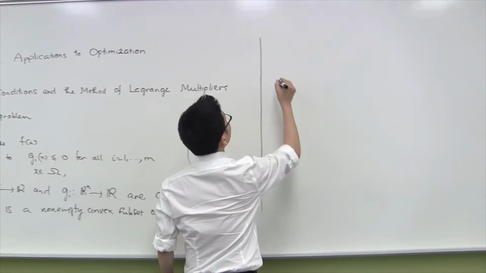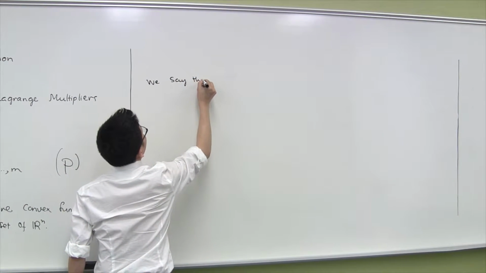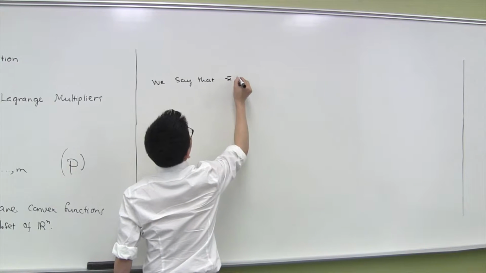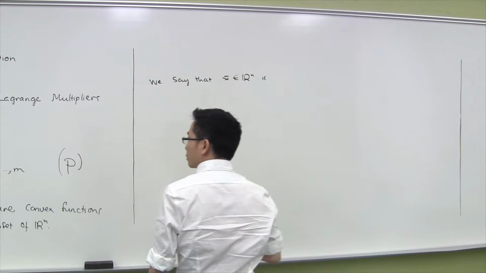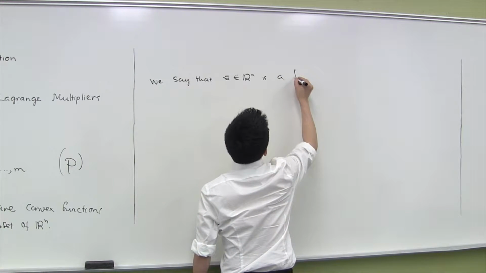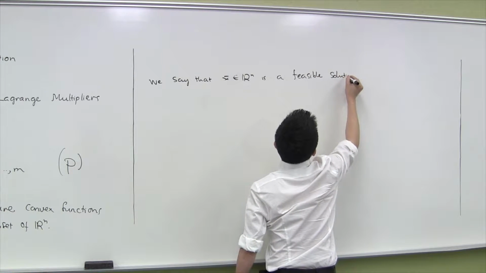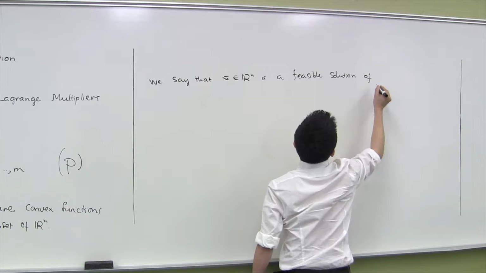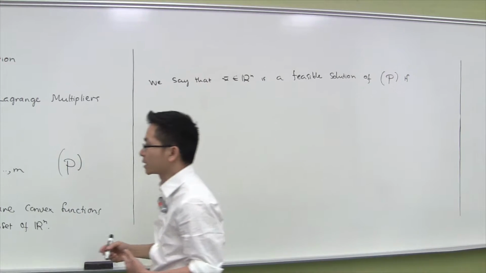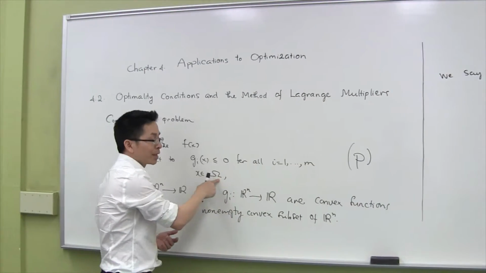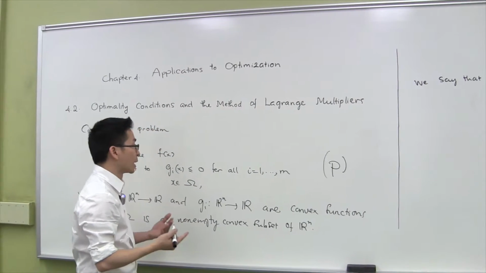So we say that an element x bar in Rn is a feasible solution of P if the following condition is satisfied: if x bar is an element of omega and gi of x bar is less than or equal to 0 for all i from 1 to m.